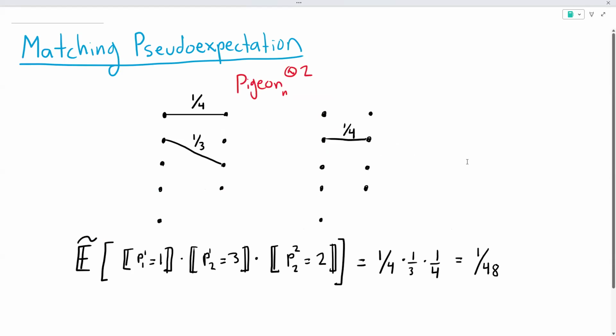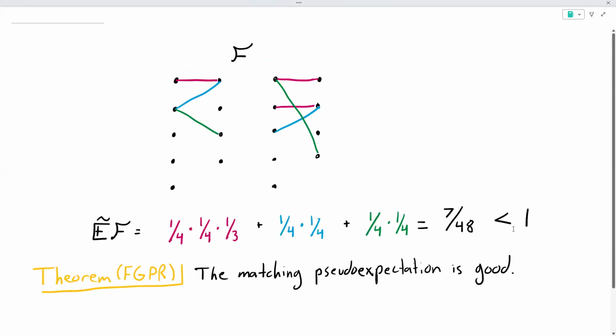We will assign it a value by pretending that this is a random matching. So with 1/4 probability, pigeon 1 will map to hole 1 here. And then now that we fixed that, pigeon 2 with 1/3 probability will map to hole 3 here. And then with a 1/4 probability, pigeon 2 in the second pigeonhole instance will map to hole 2. And so if you multiply these values out, you'll get 1/48 as the value for this conjunction.